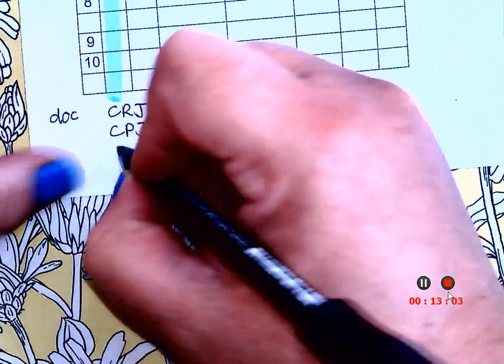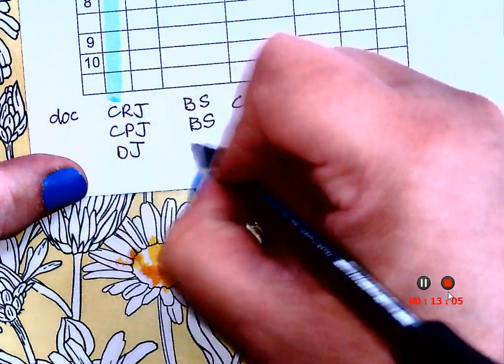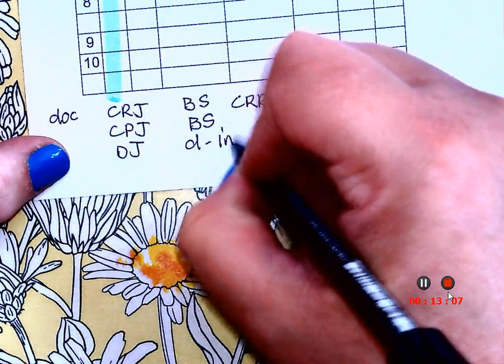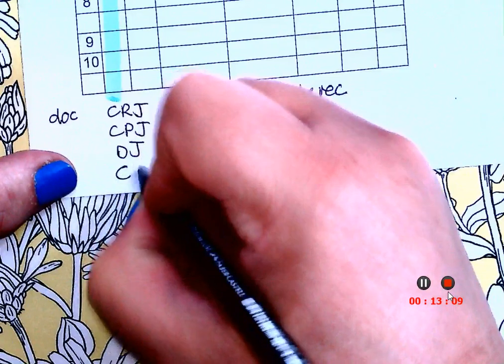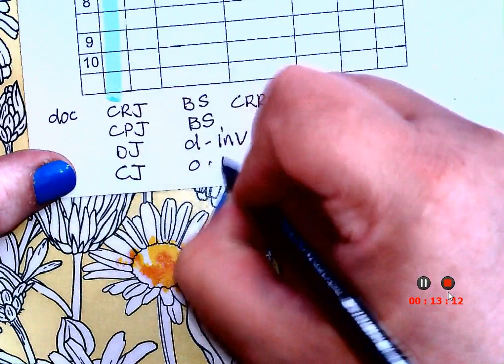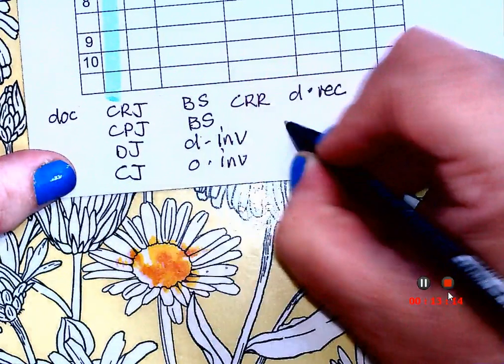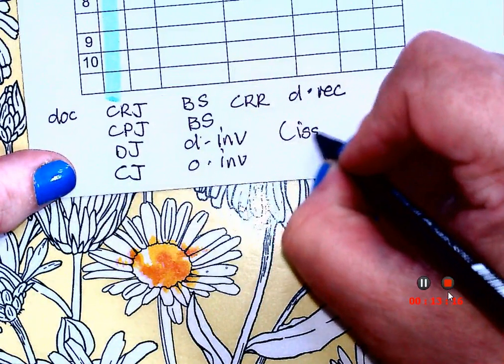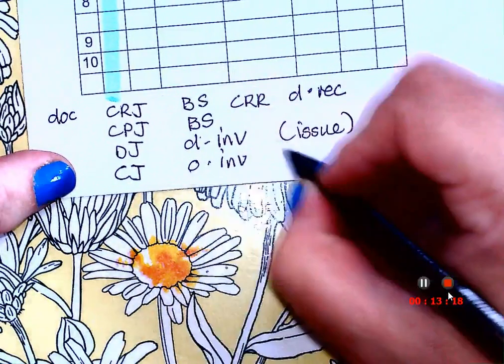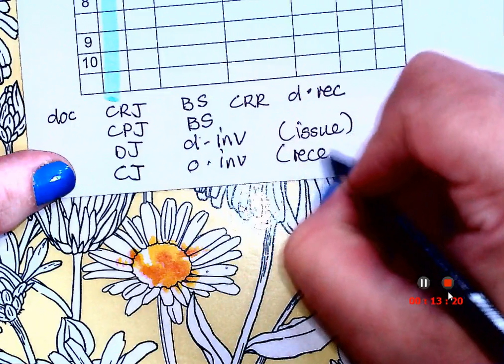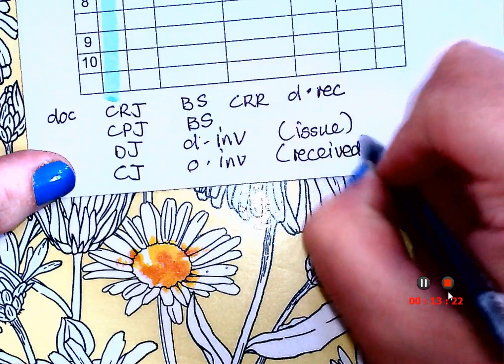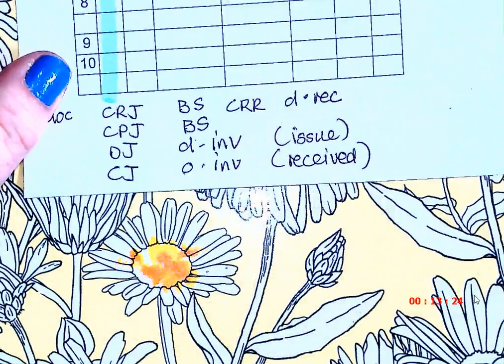DJ is always duplicate invoice, and CJ is always original invoice. Duplicate means I issued it. Original means I received it. Please make sure that you have that.